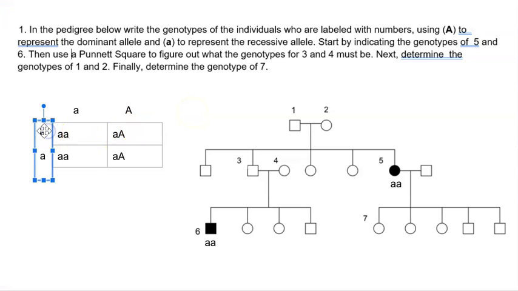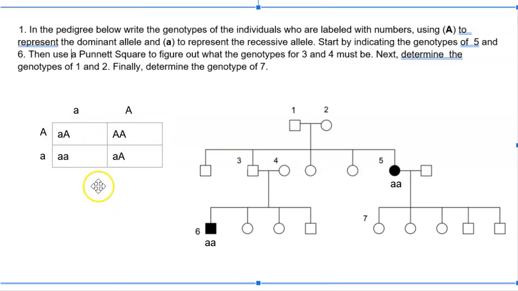So you know that each parent has to have at least one capital A. So when we look at this Punnett square, where both parents are heterozygous, does it make sense? Yeah. In short, they have one offspring out of the 4 that is homozygous recessive, and then most of their offspring have that dominant allele, right?